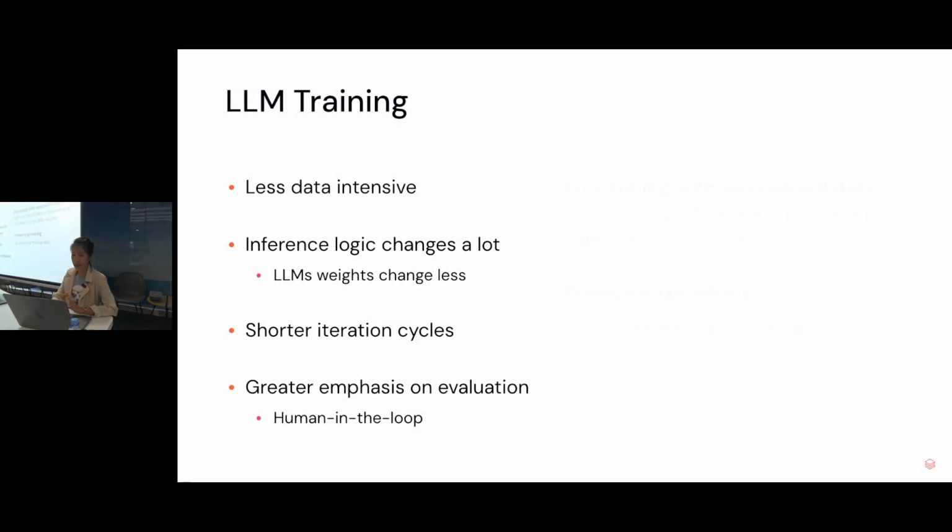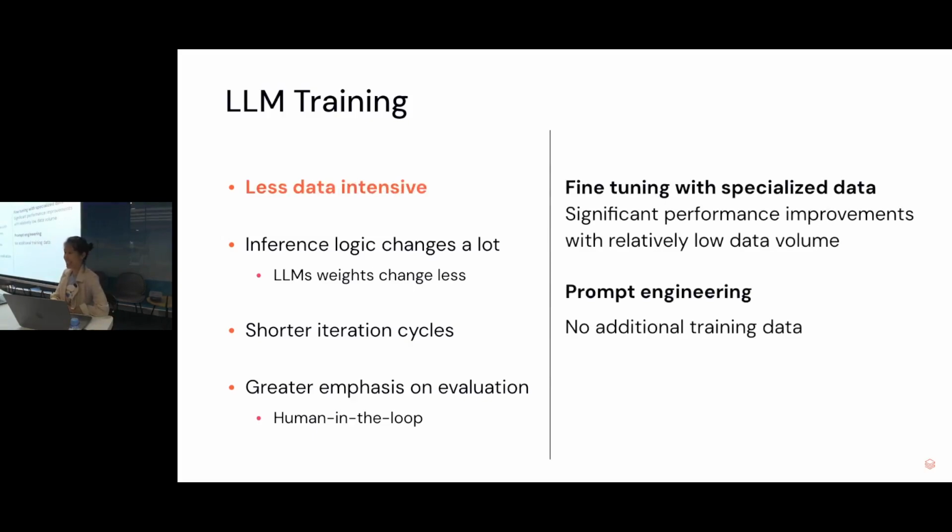And then when we talk about training, firstly, it's less data intensive actually, even though these models are very, very large and took days or weeks to train. When we use them as an end user, you need less data than, say, if you were training your own BERT model.